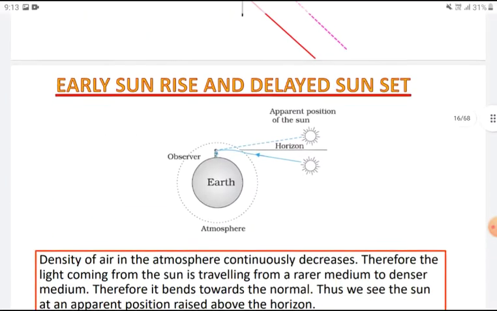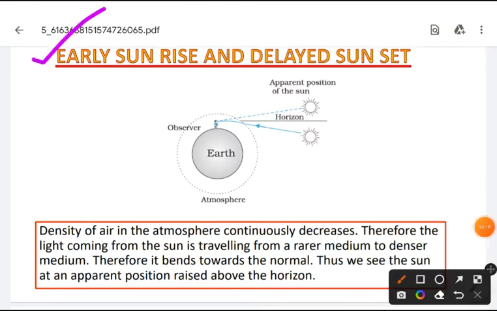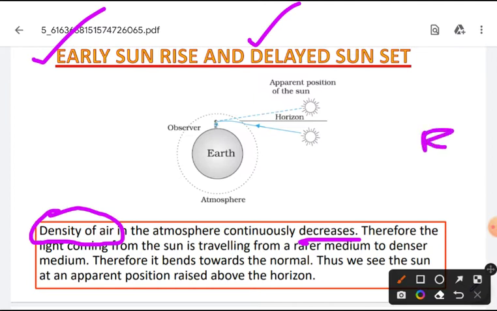Okay. The early sunrise and delayed sunset. The density of air in the atmosphere continuously decreases. Therefore, the light coming from the sun is traveling from a rarer medium to a denser medium.